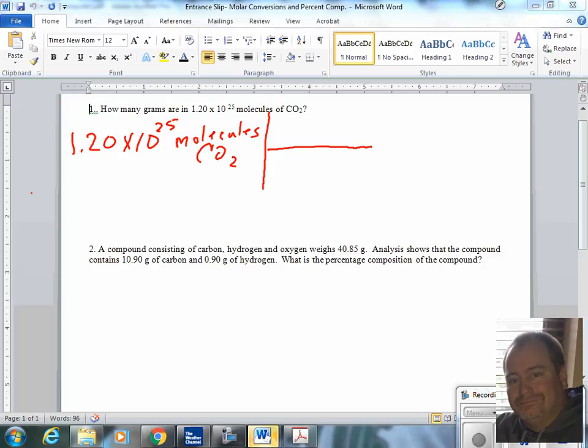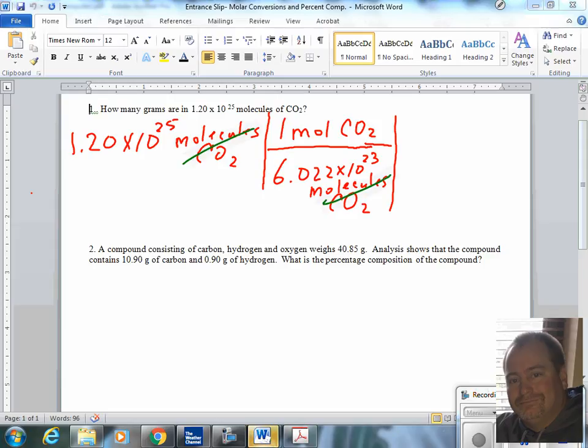Well, I know that 1 mole of carbon dioxide has Avogadro's number of molecules. So I get my molecules to cancel, and I get my answer to be in moles of carbon dioxide.